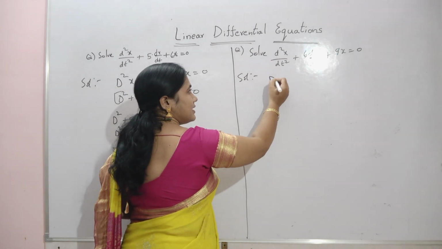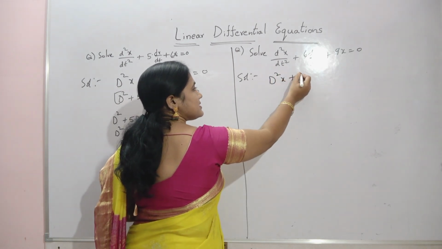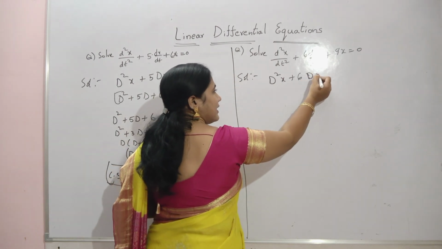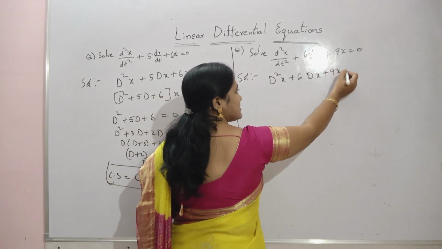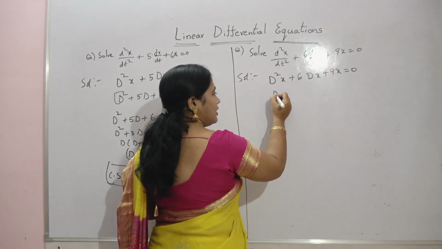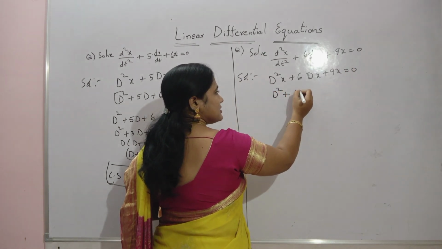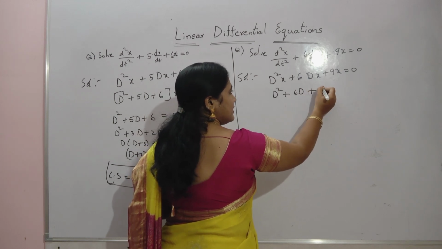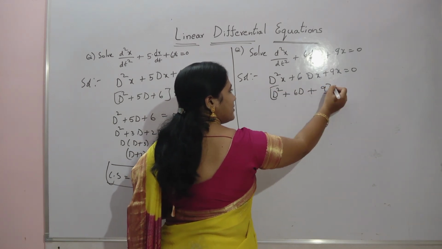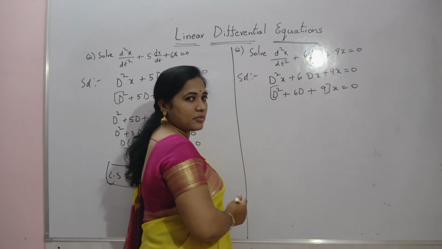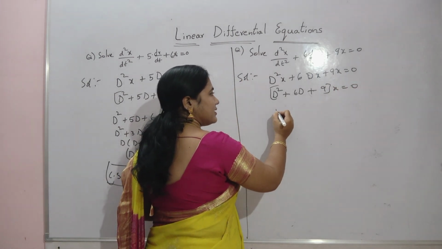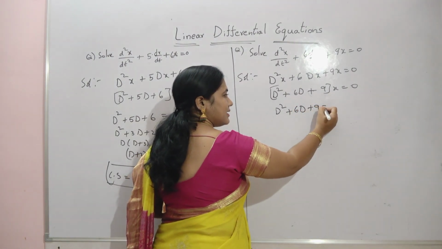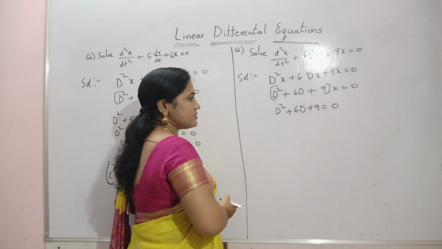So this is D square x plus 6 Dx plus 9x equals 0, or (D square plus 6D plus 9) x equals 0. This is the symbolic form, and its auxiliary equation is D square plus 6D plus 9 equals 0.